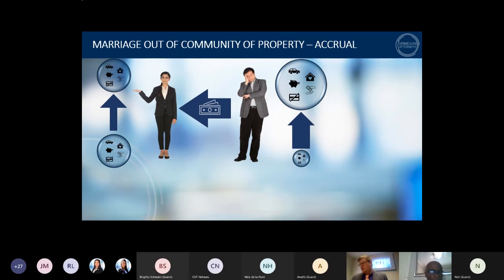Can you utilize assets to satisfy an accrual claim in a settlement agreement? Absolutely, you can. But you cannot say, well, I have this old Ford Cortina and it is worth 30,000 Rand and your accrual claim is 40,000 Rand, so here's a Cortina, I don't owe you anything.